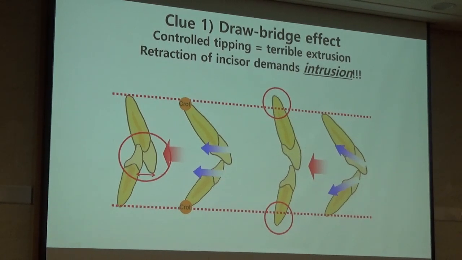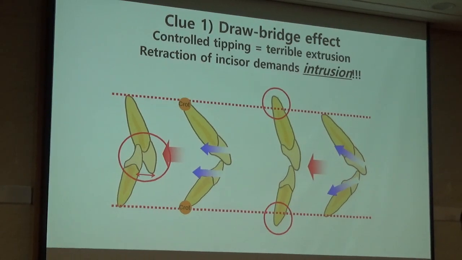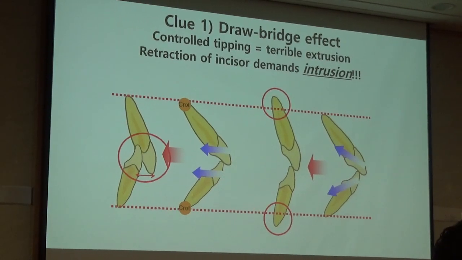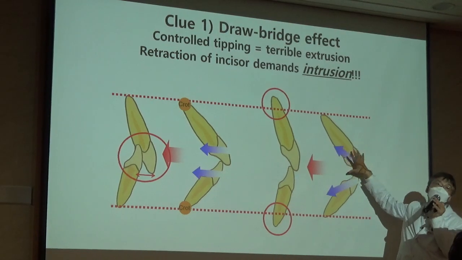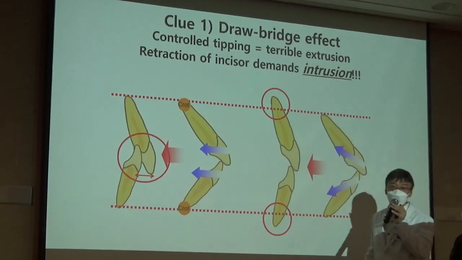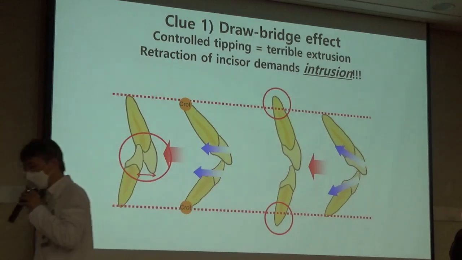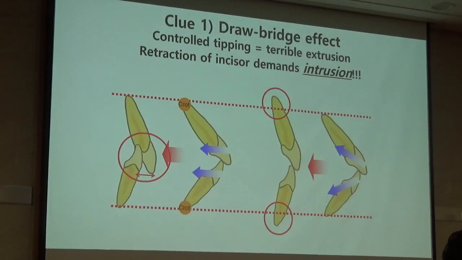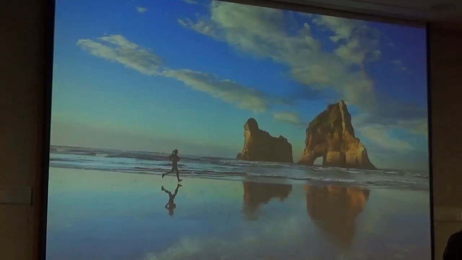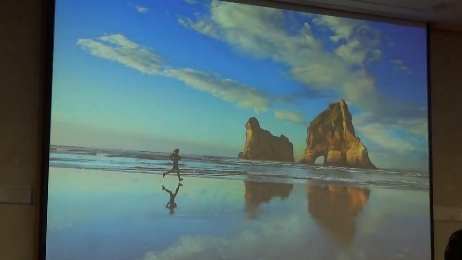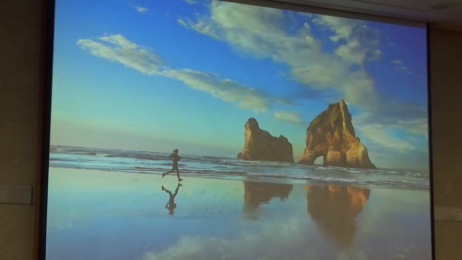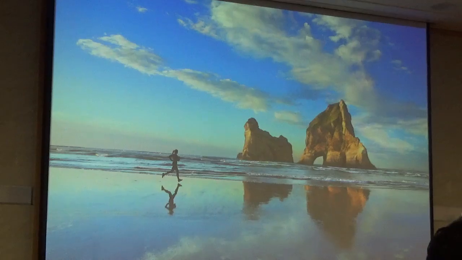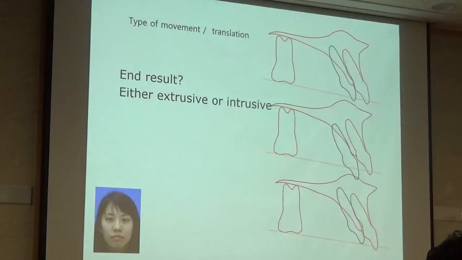Bite deepening, you are unable to close the gap, especially in the maxilla because of bite deepening, and you are in trouble. And you try some intrusive mechanics or something, but it should have been intrusive controlled tipping from the first place. This is what I mean by treatment goal. Your treatment goal must be a little more specific.